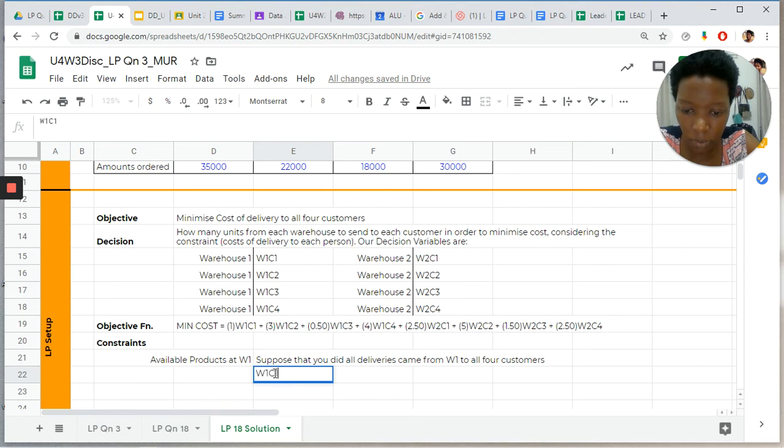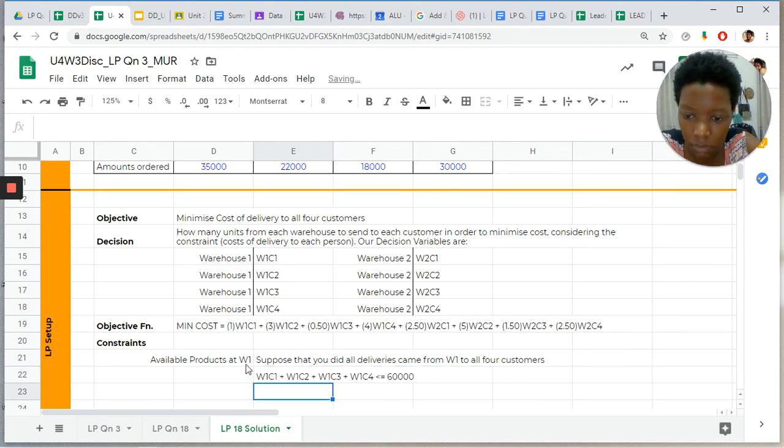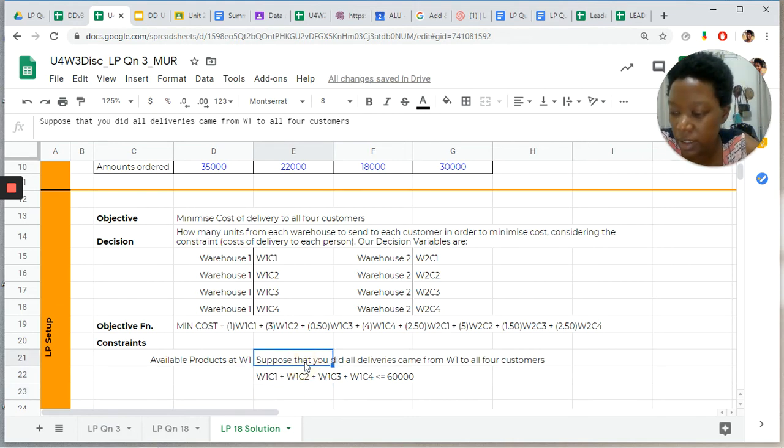Warehouse 1 C1 plus warehouse 1 C2 plus warehouse 1 C3 plus warehouse 1 C4 cannot exceed 60,000. So 60,000 is the maximum they can be. So must be less than or equal to 60,000. Okay, and this is assuming that I've done all of my deliveries from warehouse 1.